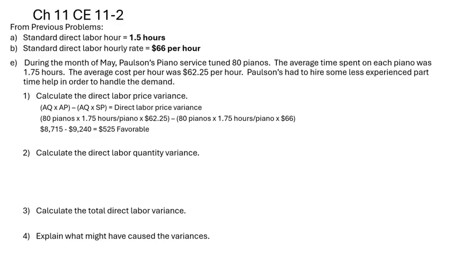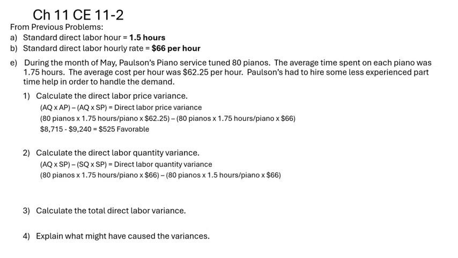The direct labor quantity variance, again, is actual quantity at standard price minus standard quantity at standard price. Again, we're going to take the 1.5 hours for our standard hours at $66 times the 80 pianos. The actual quantity, the 1.75 hours at our standard rate of $66 times the 80 pianos.